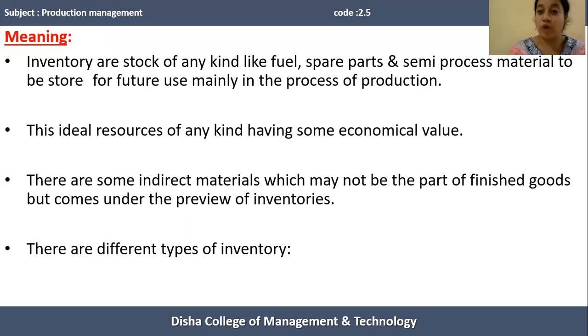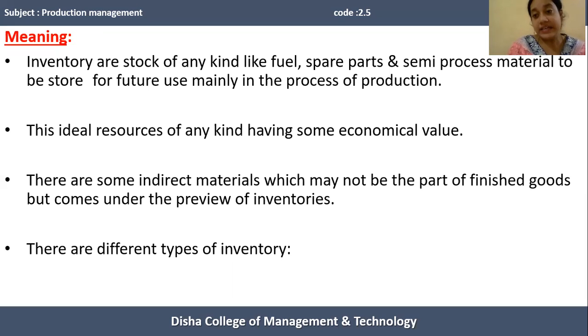Inventory may be raw materials, fuel, lubricant, oils, spare parts, and semi-finished goods, means WIP, and finished goods, which are required for meeting the demand of the product, and which are required for meeting the production schedule.